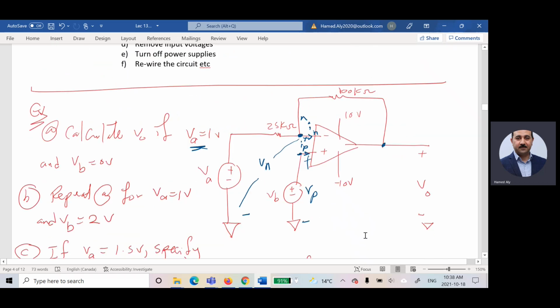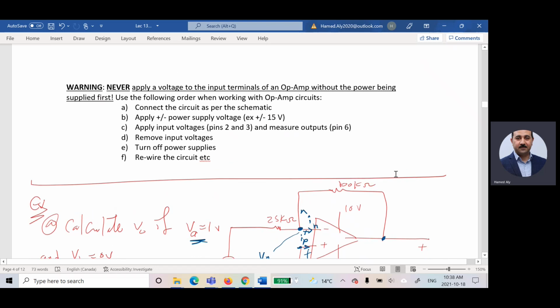In the previous class, I told you to never apply voltage to the input terminals of the operational amplifier without the power supply being connected first. So the procedure for connecting the operational amplifier in my circuit is: part A, I connect the circuit without turning on any power supply.